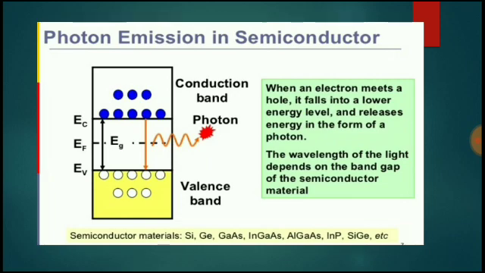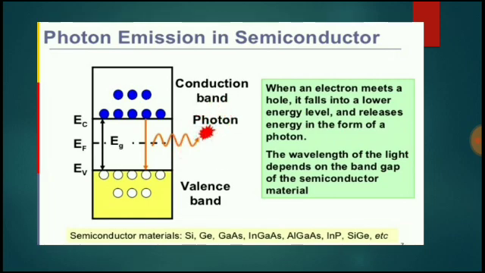Next, photon emission in the semiconductor. If you consider the PN junction material, there is the valence band and the conduction band, and the gap between them is the energy gap. When an electron jumps from a higher band to a lower band, it emits energy, that is a photon of energy.